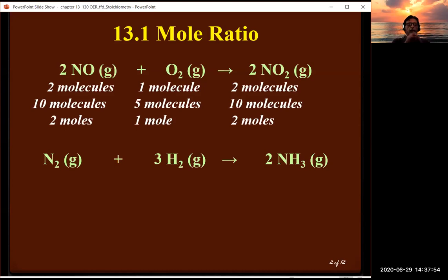Okay. And so if I had 10 grams of nitrogen monoxide and I needed to calculate how many grams of nitrogen dioxide, well, I need to first convert the grams of NO to moles. And once I know the moles of NO, given the balanced chemical equation and that stoichiometric relationship, I now know the moles of NO2 because it's a 2 to 2 or 1 to 1.